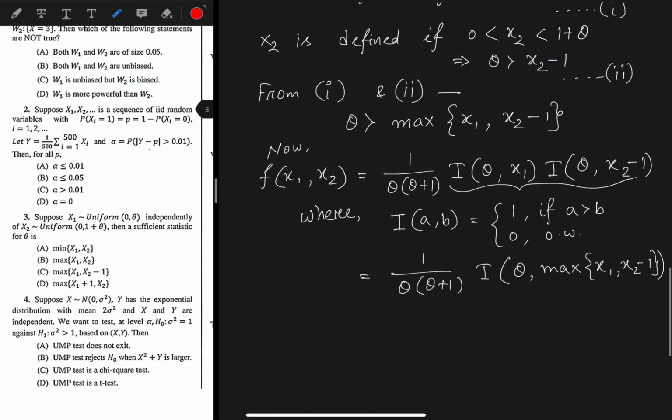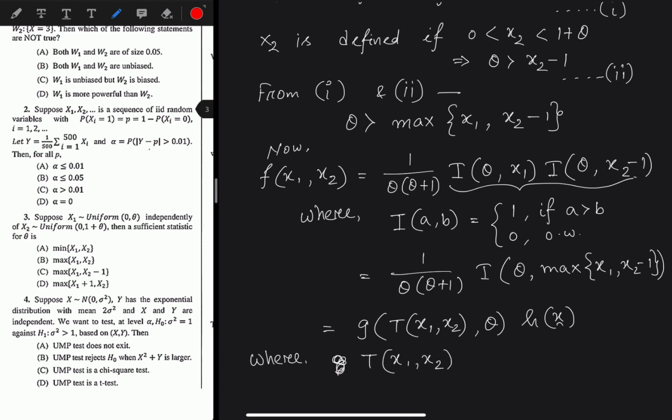Now if we apply the factorization criterion here, it can be written as g of t of x1 x2 comma theta into h of x curl, where, let's say, t of x1 x2 equal to max of x1 and x2 minus 1, and h of x curl equal to basically 1.